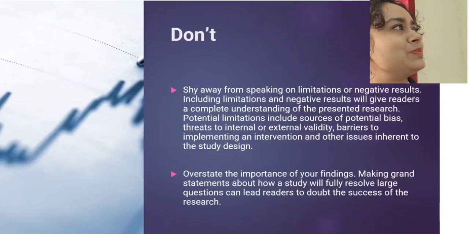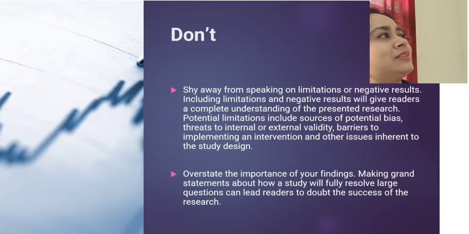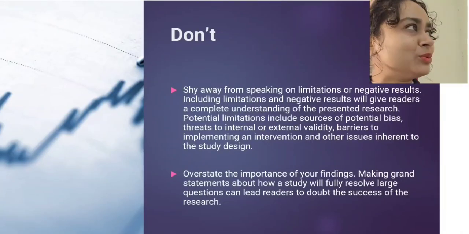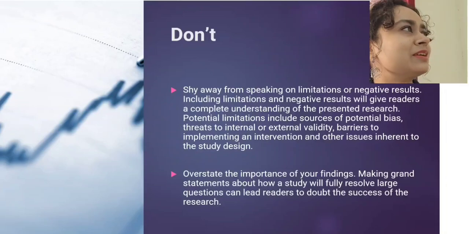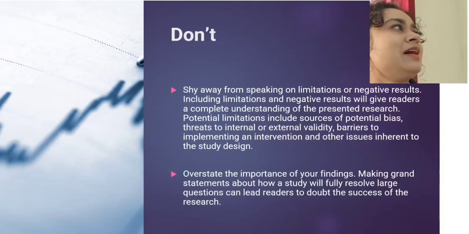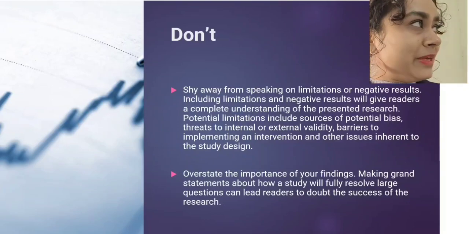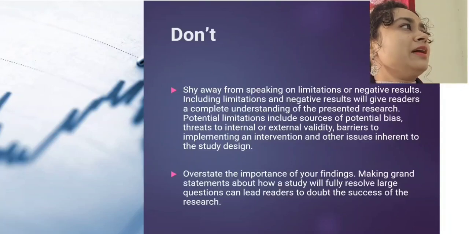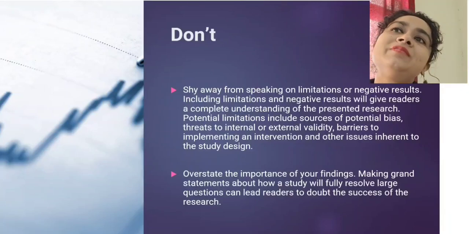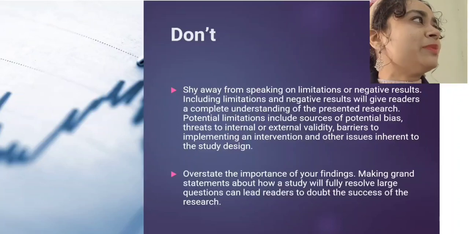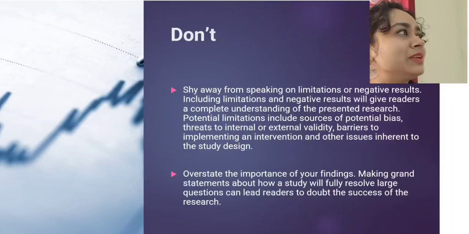And see, limitations and negative results should not dishearten you. Writing it will give again a clear understanding of whatever the research is, and biases should be mentioned. Threats to internal or external validities also should be mentioned. This definitely makes your research better.